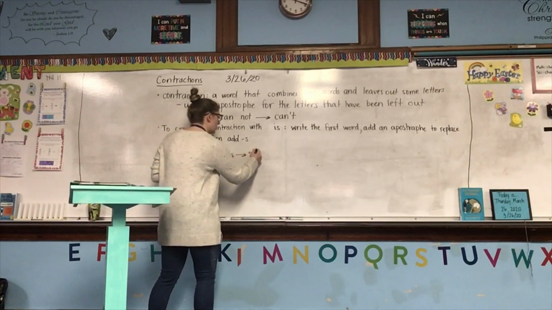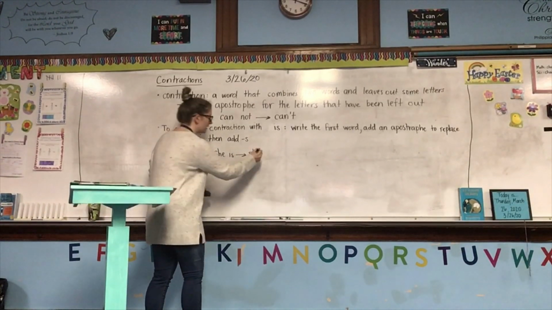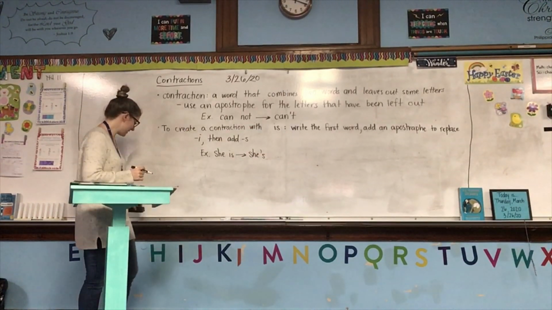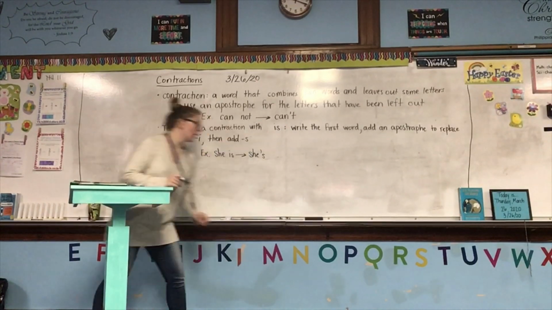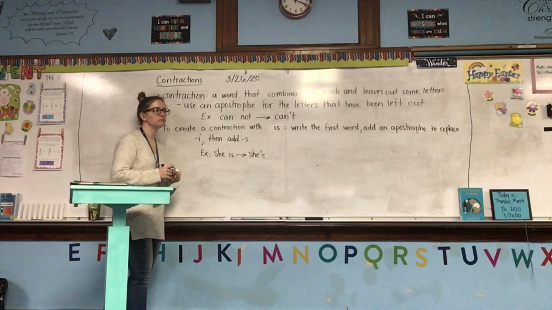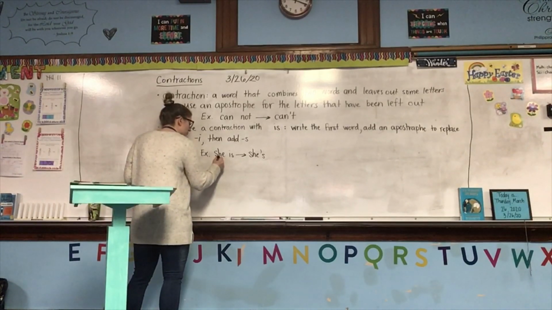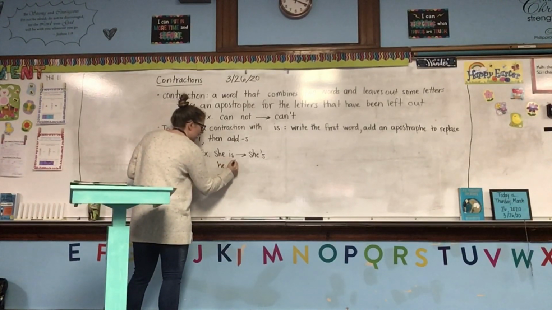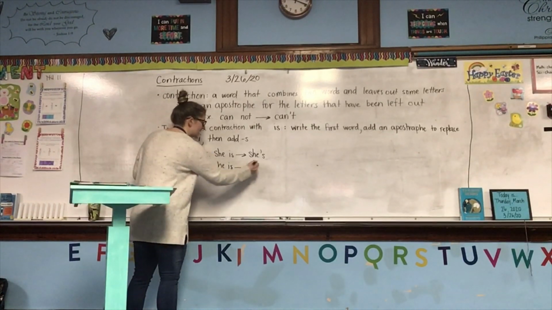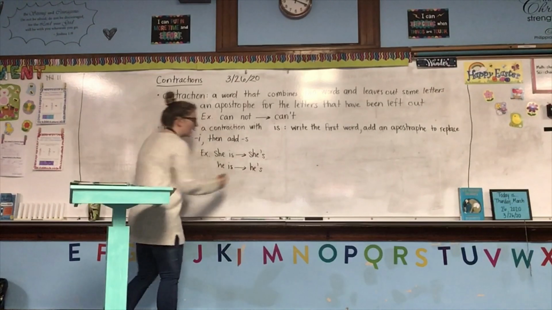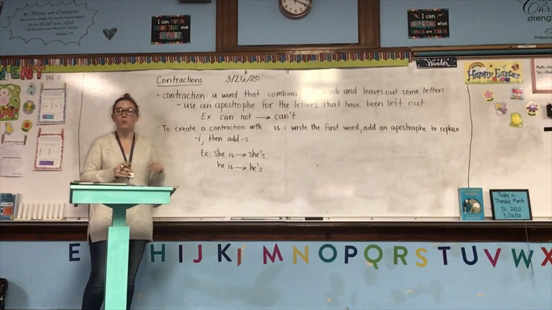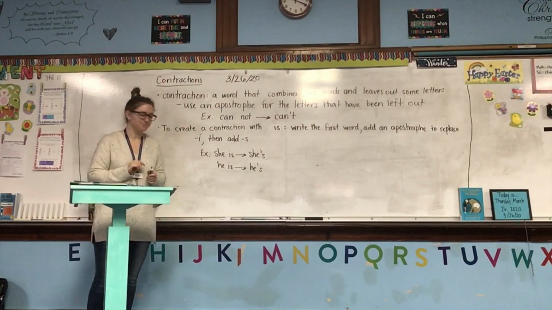We write the first word, which is she, write an apostrophe to replace the I, and add an S. Or, if we wanted to say he is, we would write the first word, he, replace the I with an apostrophe, and then write S. And that's what you do anytime you want to contract two words when the second word is is.